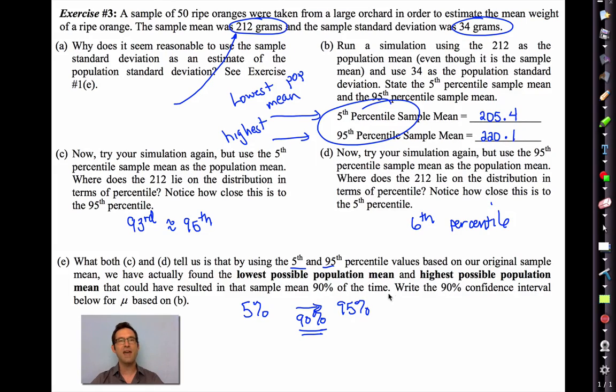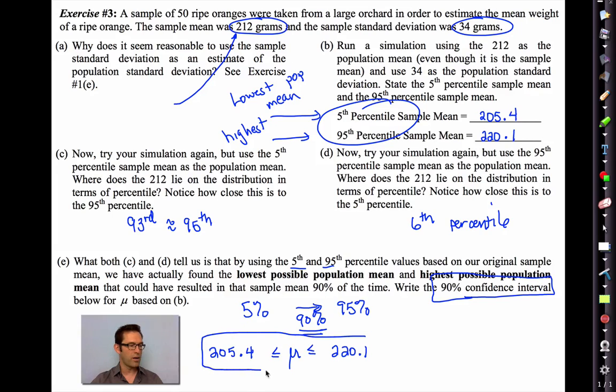If it produces that as the sample, that means that 90% of the time the population mean must be somewhere between that. And what that allows us to do is set up what's known as the 90% confidence interval. All right, we can literally write down that we are 90% confident that our population mean lies somewhere between these two.